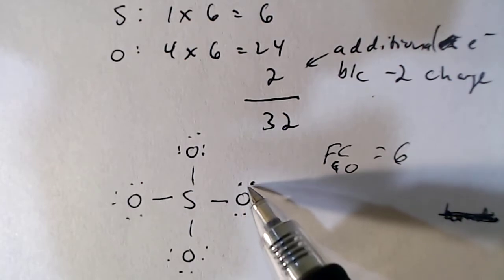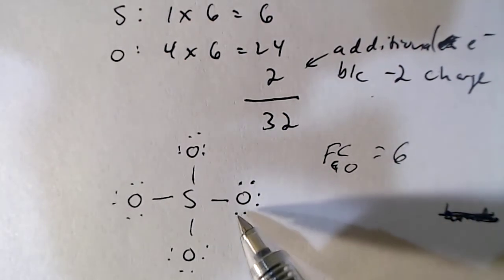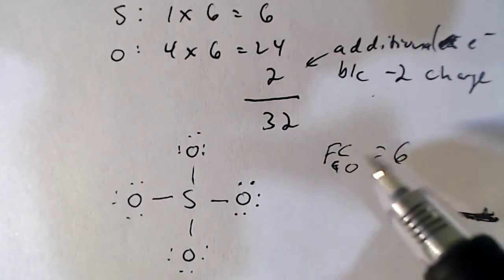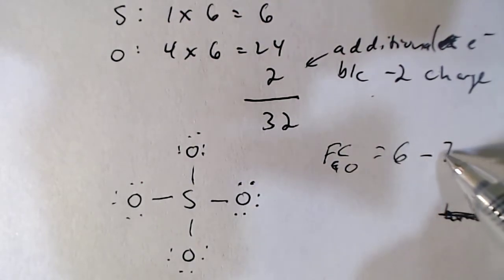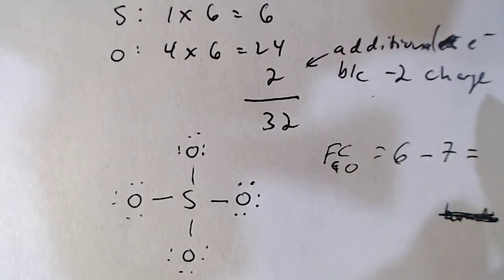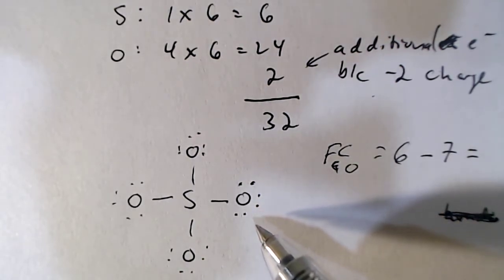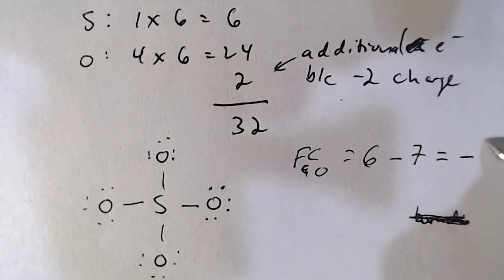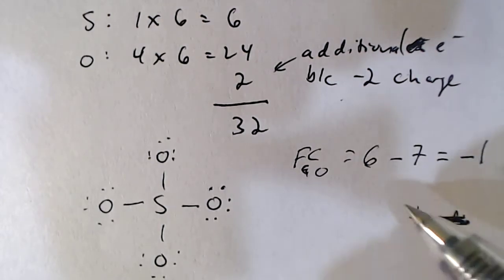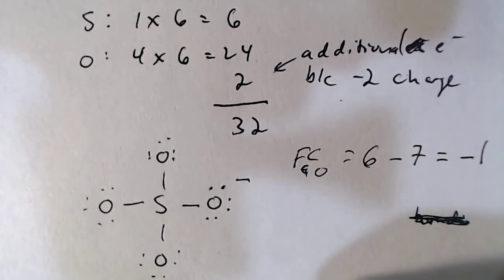So right now we have a total of 2, 4, 6, 7 electrons belonging to this oxygen. Overall, there are more negative electrons around this oxygen than it would normally have, and hence more negative electrons than positive protons. There's a -1 formal charge on this oxygen.